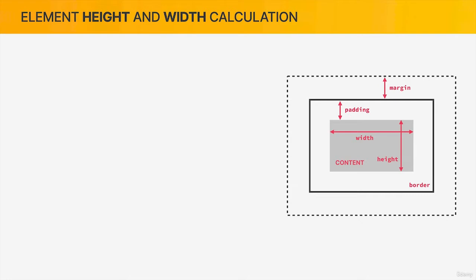Now, if we choose not to define the height or width, then the box model will simply imply them based on the content. However, these specified or implied heights and width are actually not the final sizes of the element. And that's because the border and the padding are also taken into account.